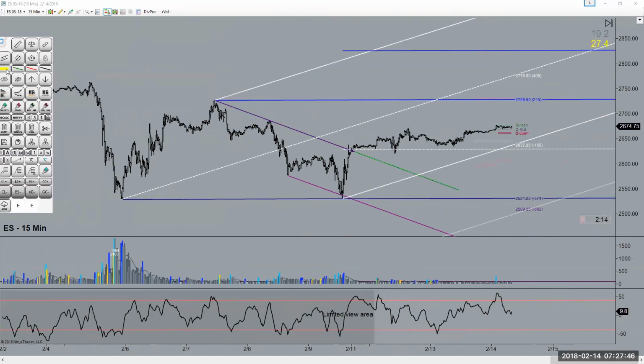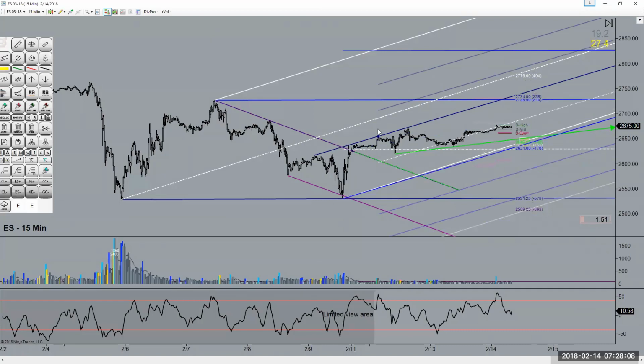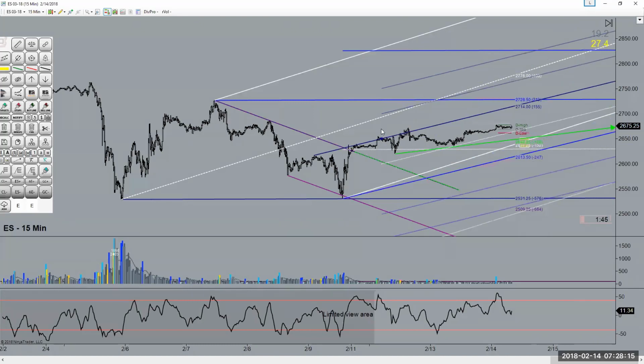Maybe we can make it back into here before we start heading up. At least this little trend line here. It's about the same. It's about the same slope.